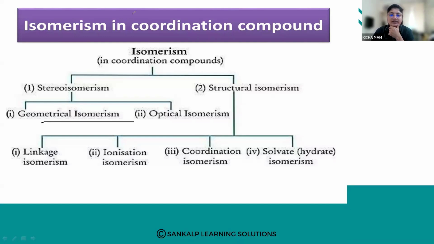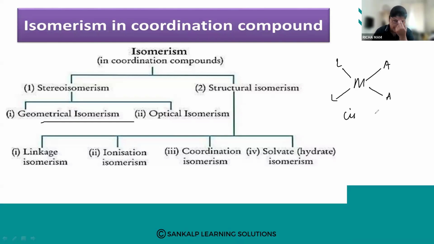If the ligands are on the same side, that is on the adjacent side, then they give rise to cis isomer. Give rise to what?